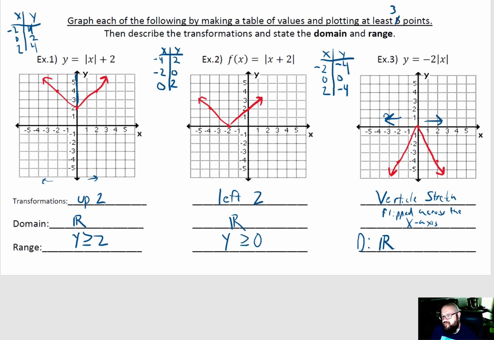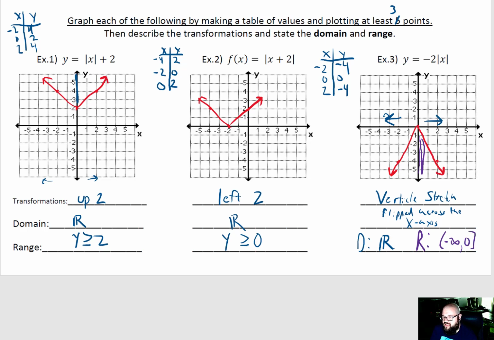However, for our range in this one, it changes a little bit. What is the lowest value? Well, it's going down forever, so the lowest point is negative infinity. And what's the highest point? Looking at the y-axis, the highest point is 0.